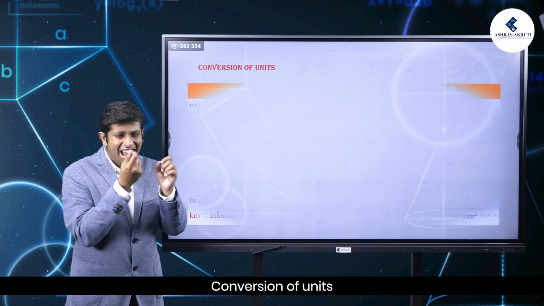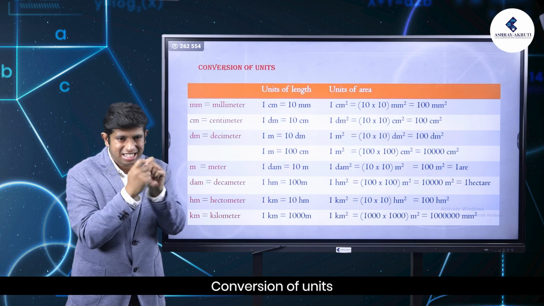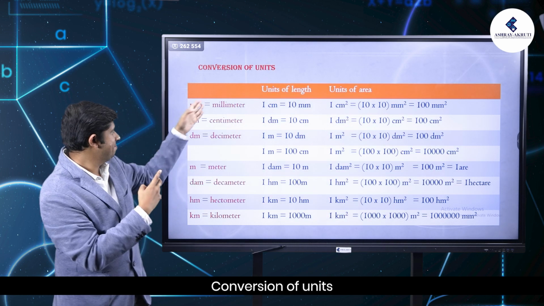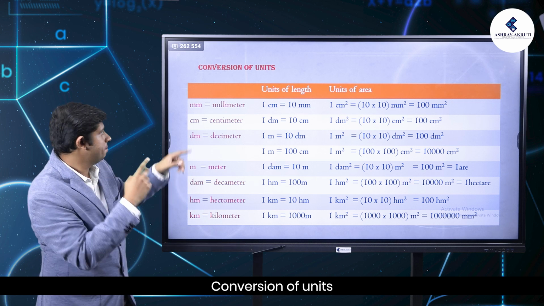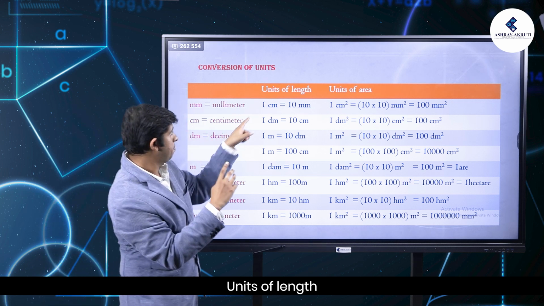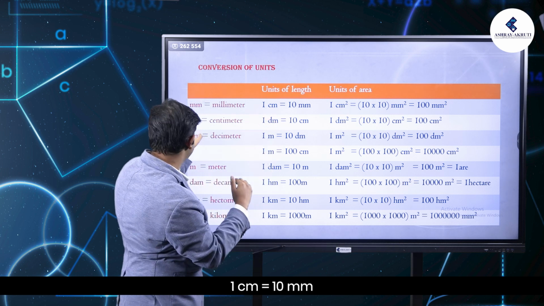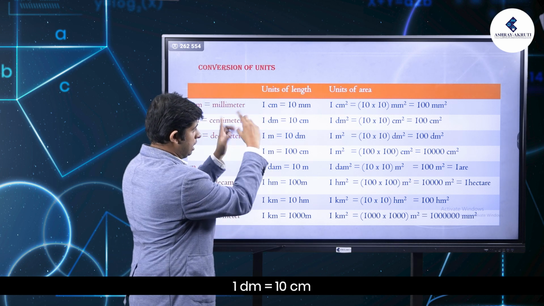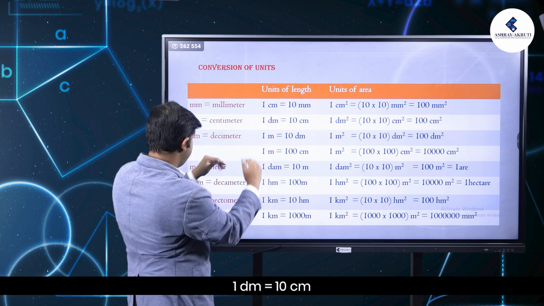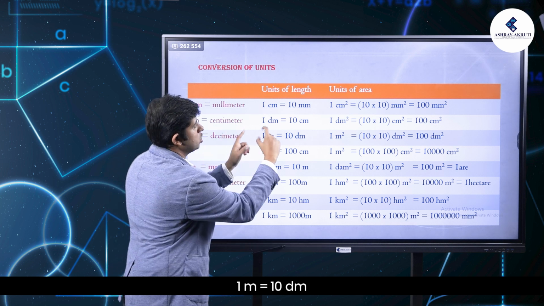Conversion of units. Units of length. 1 centimeter equals to 10 millimeter. 1 decimeter equals to 10 centimeter. 1 meter is equal to 10 decimeter.